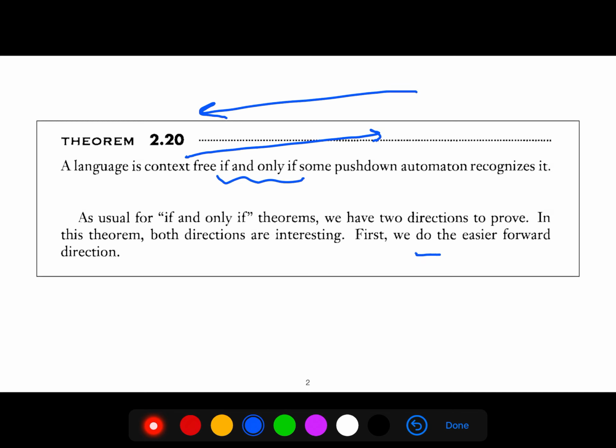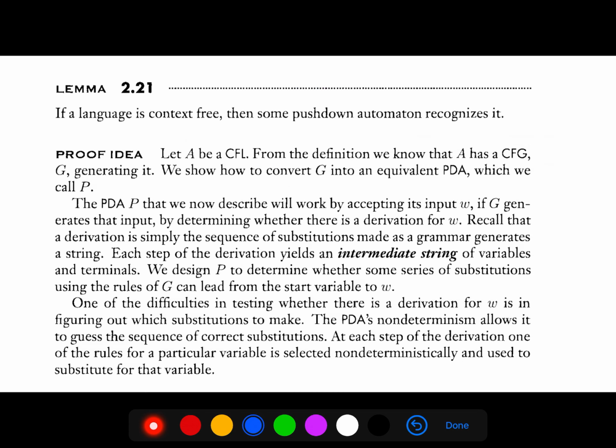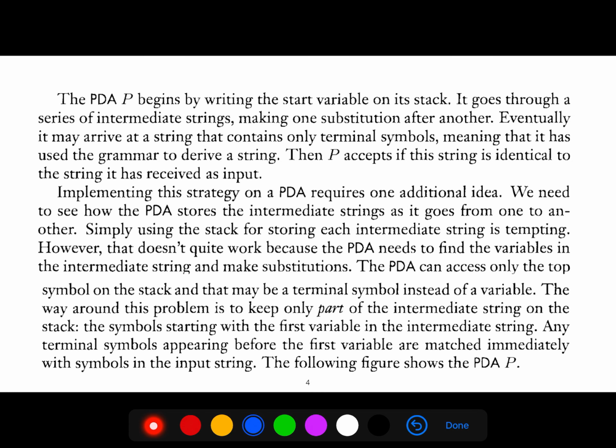So we do the easier forward direction of proof, which is going from context-free grammar to a push-down automaton. So we want to construct a push-down automaton. The push-down automaton begins by writing the start variable on its stack.